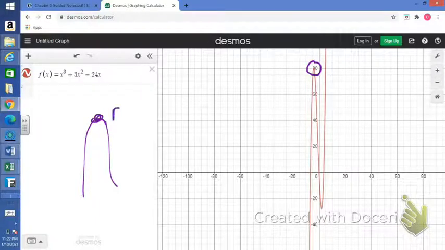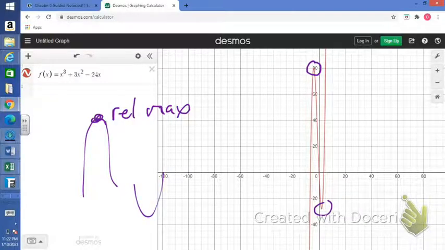Well, this is going to be the relative max. Okay, there's no point higher than that in that area. This point, you know, it's down at the bottom. That's the lowest point you're going to be at. So that's going to be a relative minimum. So we've got to find what this point and this point are.